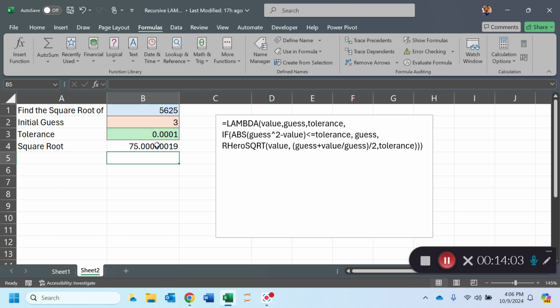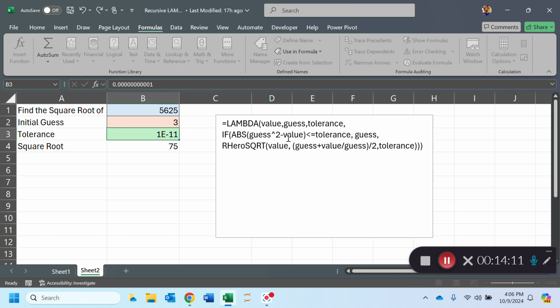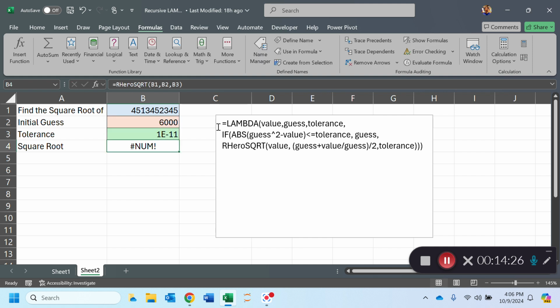So 75, and we are able to find the square root up to that tolerance level. So if I increase my tolerance level, I'm able to find the exact number 75, so I can just enter any number. Oops, maybe my initial guess is going to be very small. Let's say here 6,000.